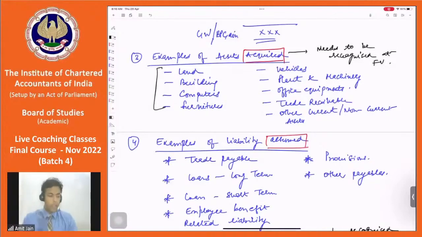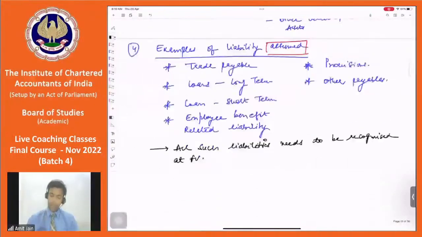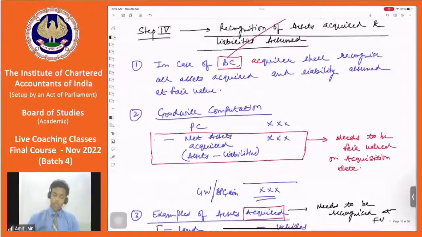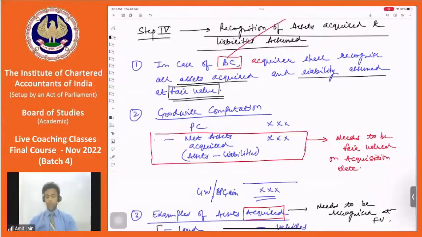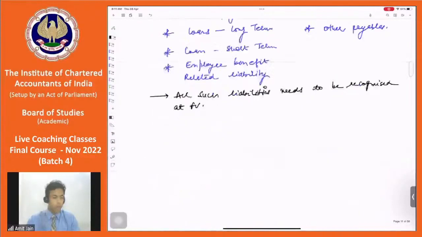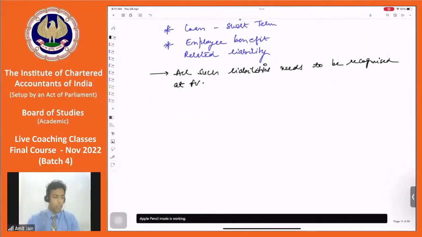Are we clear, guys? In a business combination, the acquirer shall recognize all the assets acquired and liabilities assumed at fair value. This is the way of goodwill computation. I will keep on increasing this formula going forward. In the previous session, we divided the PC into multiple items. Similarly, net assets.